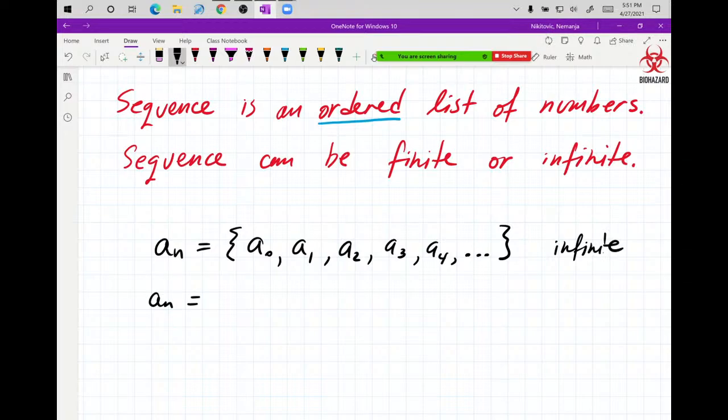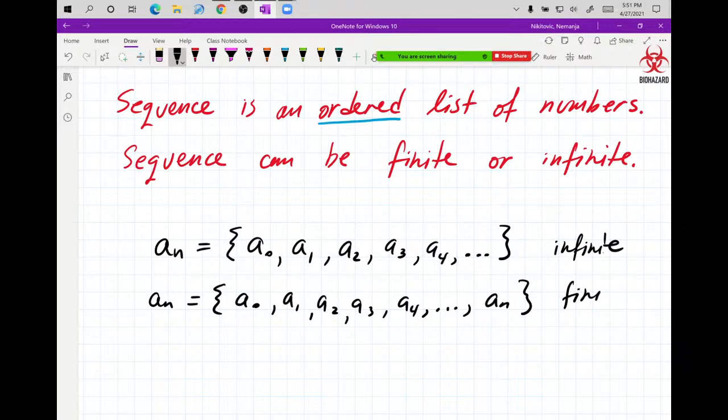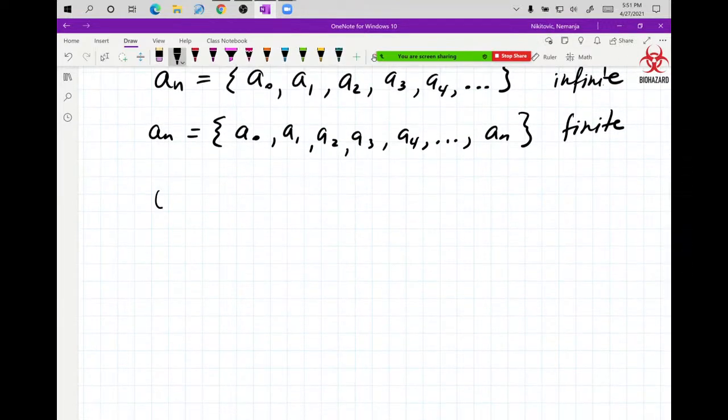Or an could be represented as a0, a1, a2, a3, a4, up to an, finite. So as you can see, the finite sequence ends with some number, where the infinite sequence will go on forever.